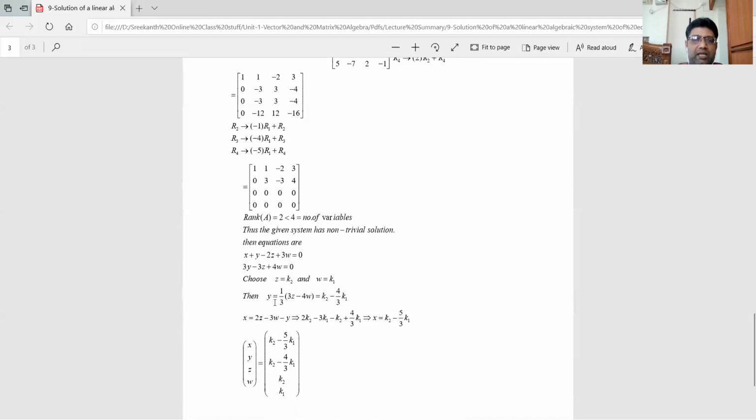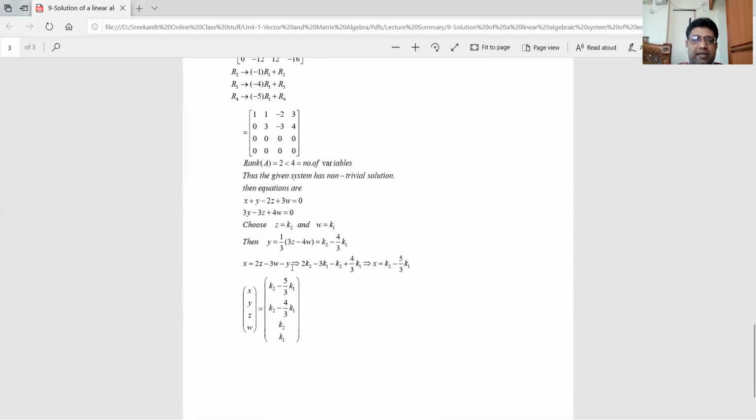So this is y. Then I will plug in this y value, z value and w value in the first equation. From that I can calculate x. Now if I write x, y, z, w, we will see like this. x is this one, y is calculated as this one, z is k2 and w is k1.